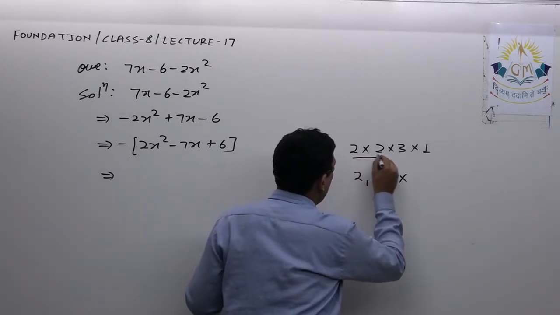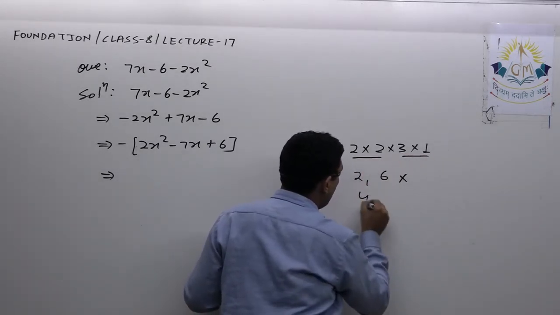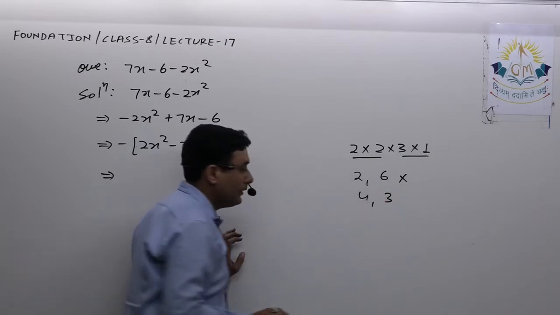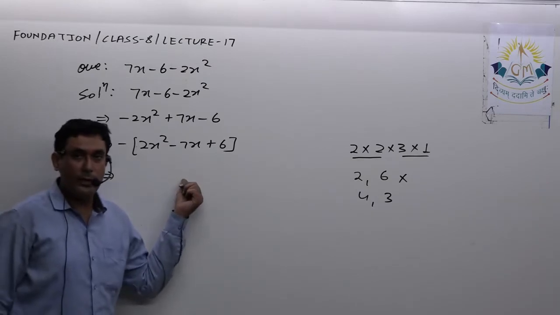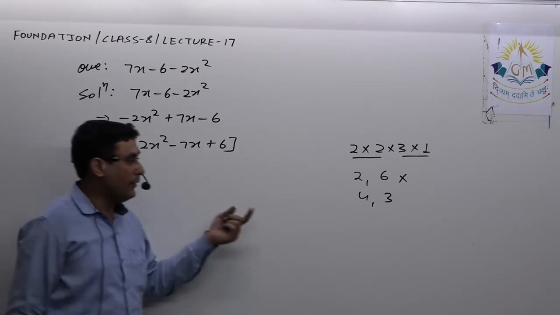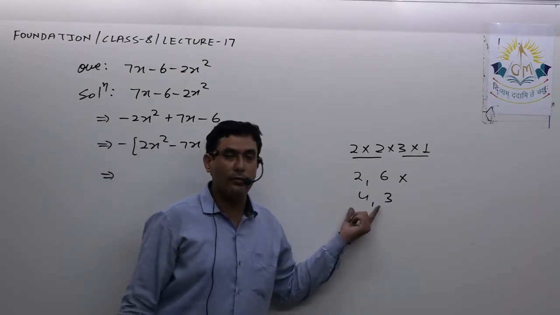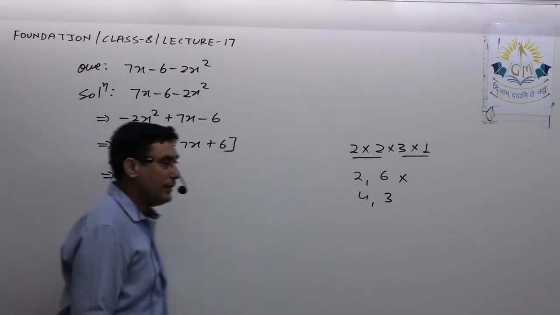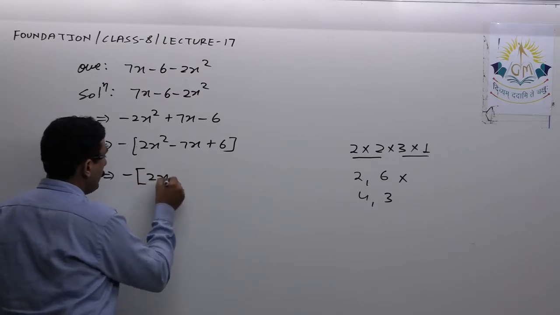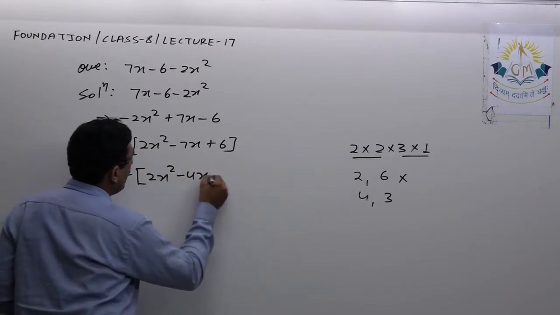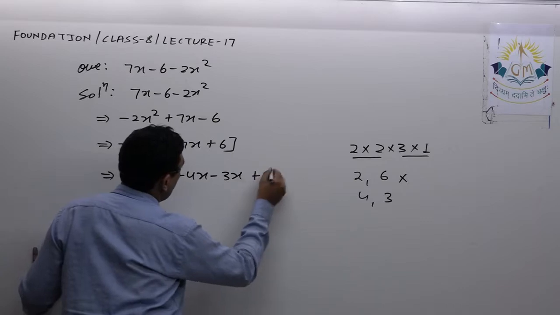So now I will take this 4 and 3. Yes, their sum is 7. Now the sum is negative. Over here it is minus 7. That means I have to take the sign of these two terms as negative. That is minus 4 minus 3. So 2x square minus 4x minus 3x plus 6.